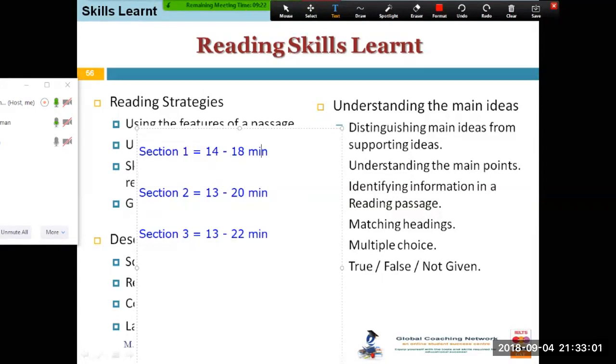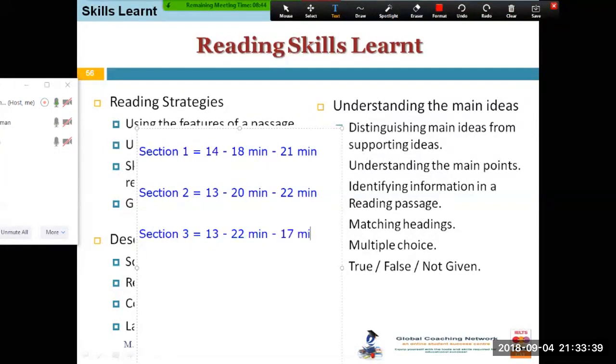Now let's say because of some reason, and that is very natural, and this happens sometimes, it must not generate any extra pressure. Let's say you finish section 1 in 21 minutes for any reason, and you take about 22 minutes on section 2 because you were slow. Ideally, section 3 should have taken 22 minutes, but now only 17 minutes are left.